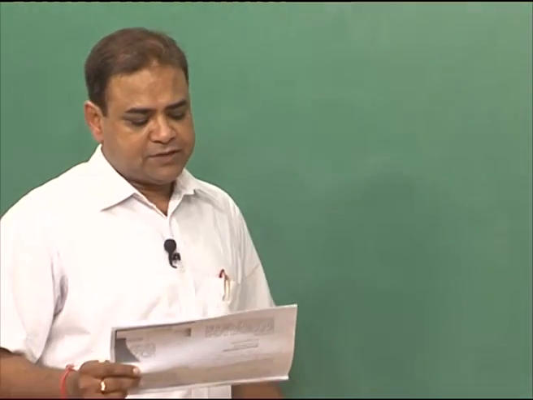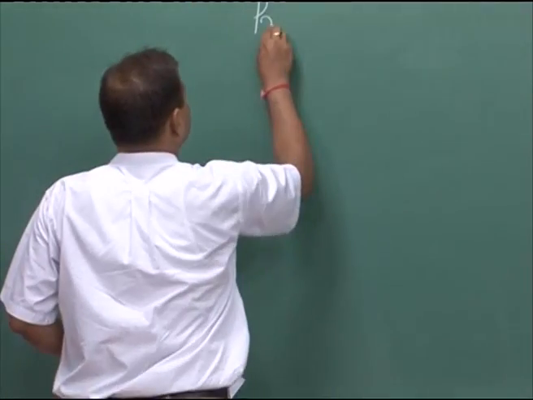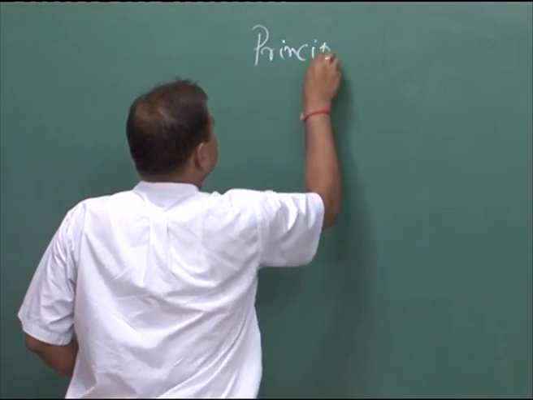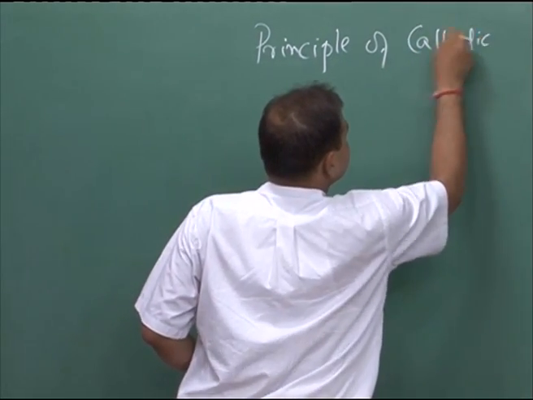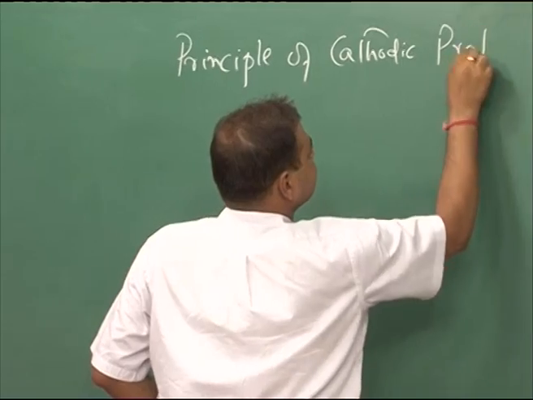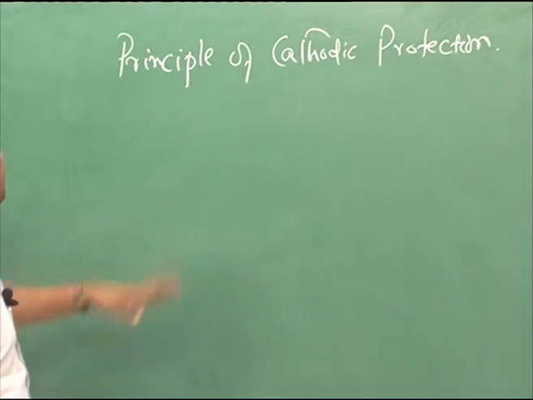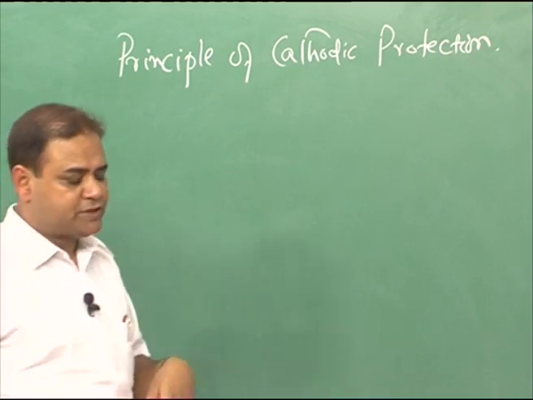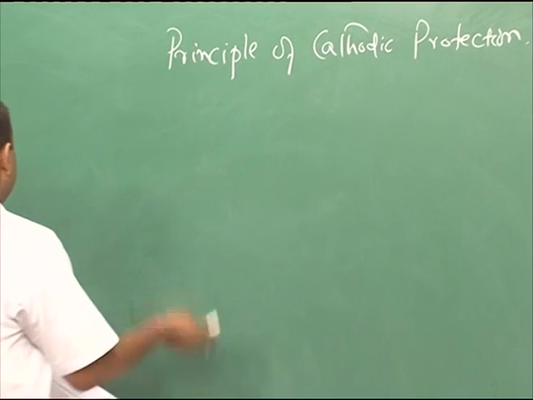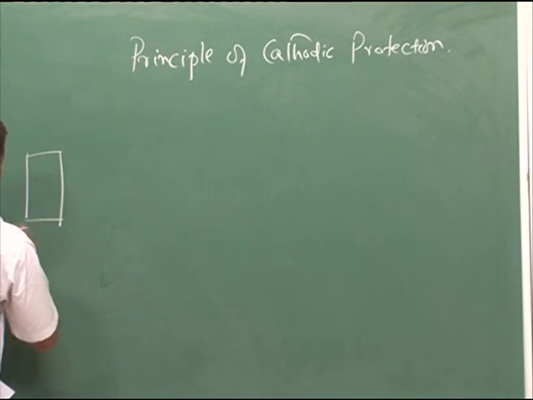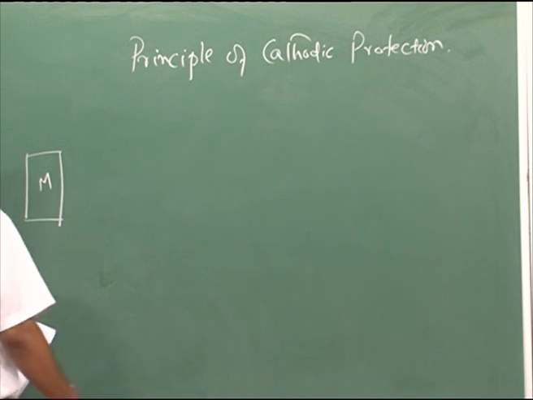Now, let us start with the principles of cathodic protection. While we discuss the principle of cathodic protection, we will take help of mixed potential theory again. We have seen that this is the metal object which is to be protected cathodically.